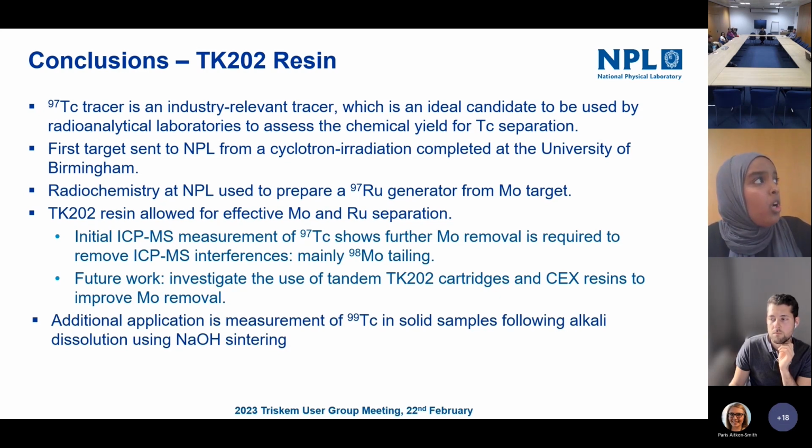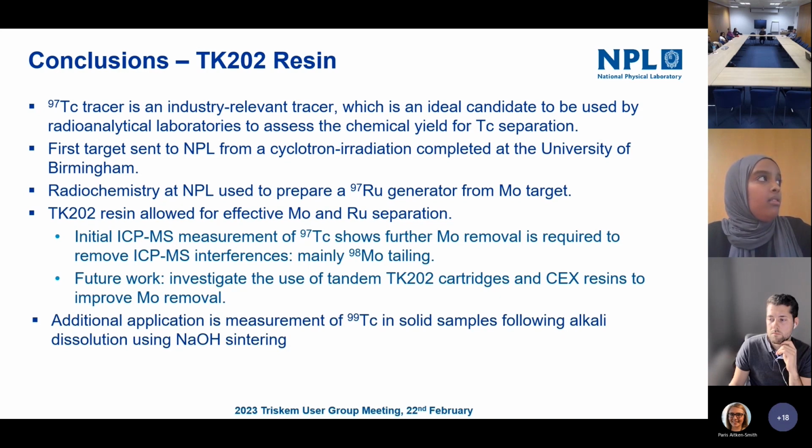And hopefully with some of the ongoing work that we're doing to look at production of Tech-97, TK202 is a resin which has helped us make progress in looking at preparation of Tech-97. Like I said, this tracer is not widely available, so any progress made here will really help us be in a position where in future this can be something that is made available.